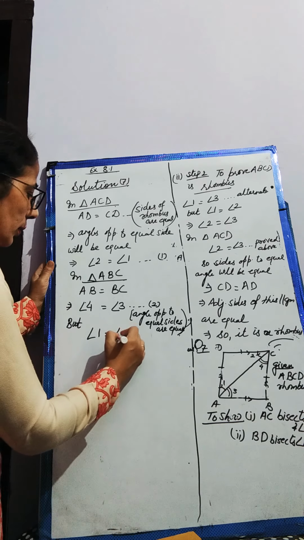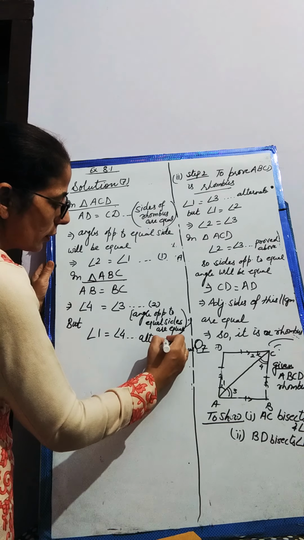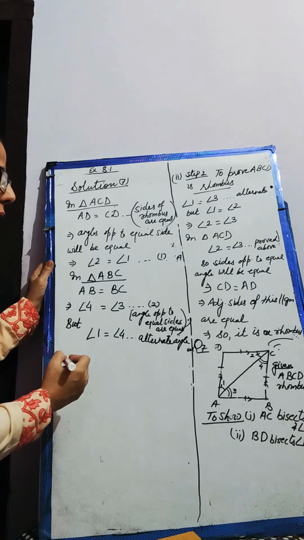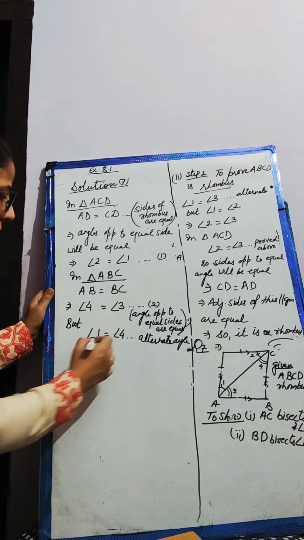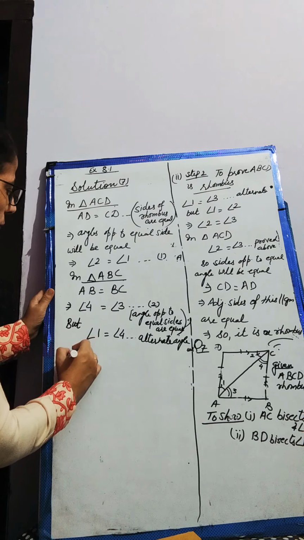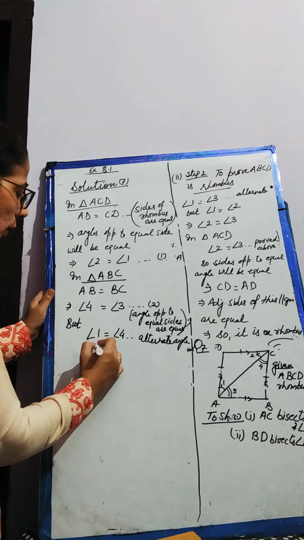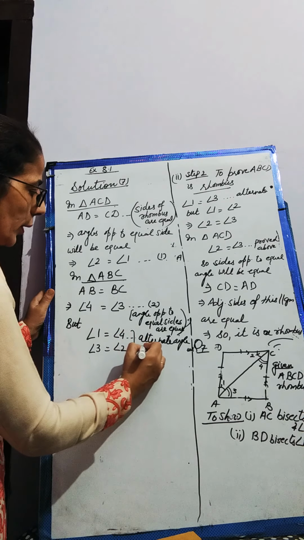These are alternate angles. It means angles 1, 2, 3, 4 will be equal. Right? So by 1 and 2, 1 and 4 are equal, 3 and 2 are equal. They are alternate angles.